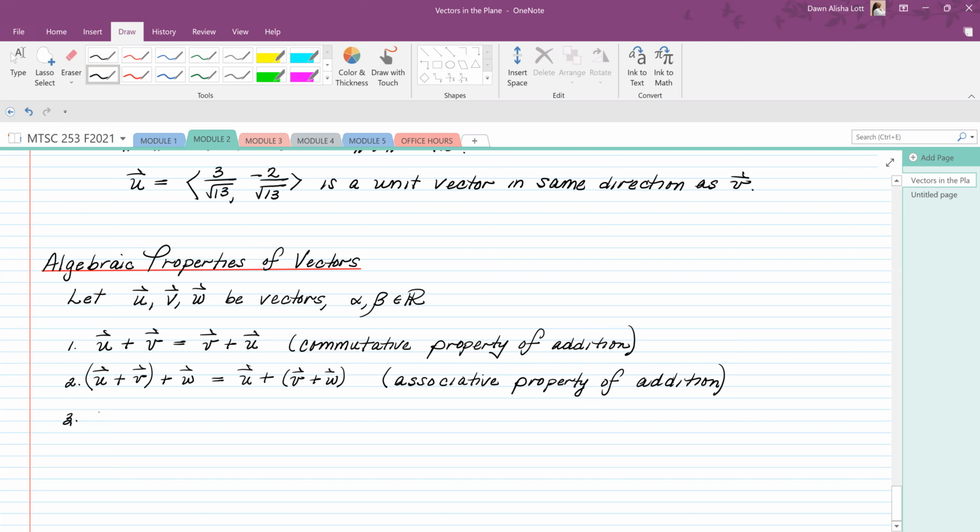Okay, so if I take alpha times u plus v, this is the same as alpha u plus alpha v. And this is the distributive property of multiplication over addition.